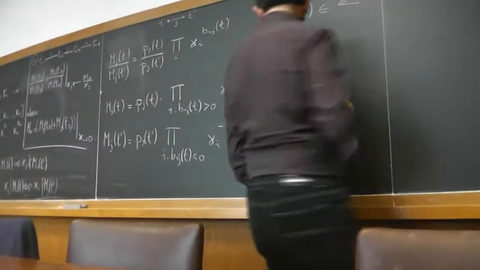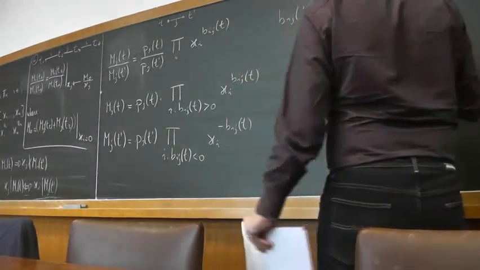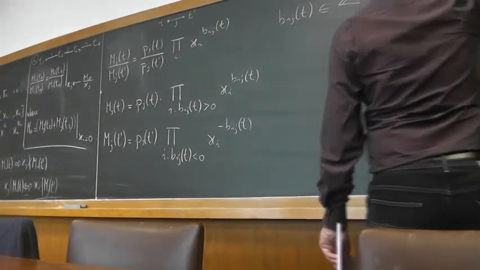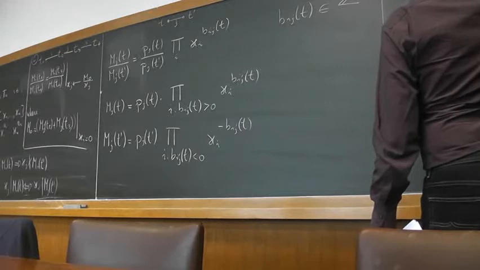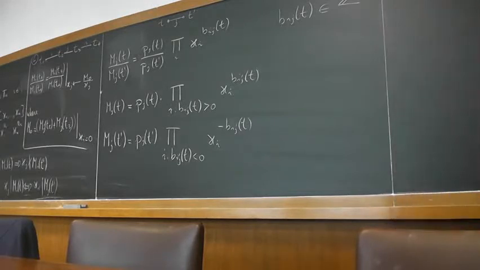So in any case, we have defined this matrix that we call B of t, Bijt. It is an n times n integer matrix.